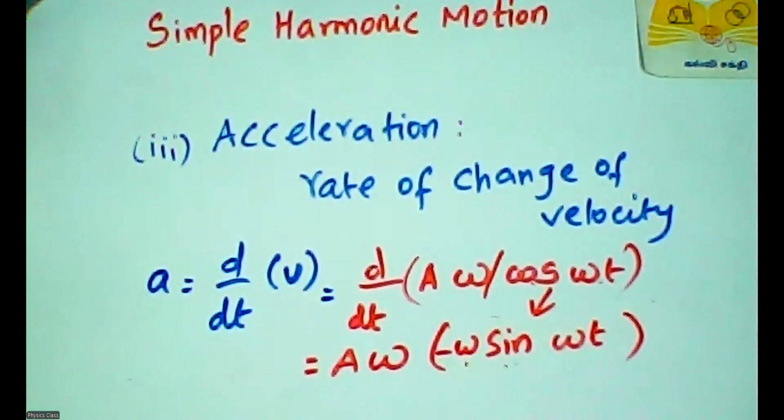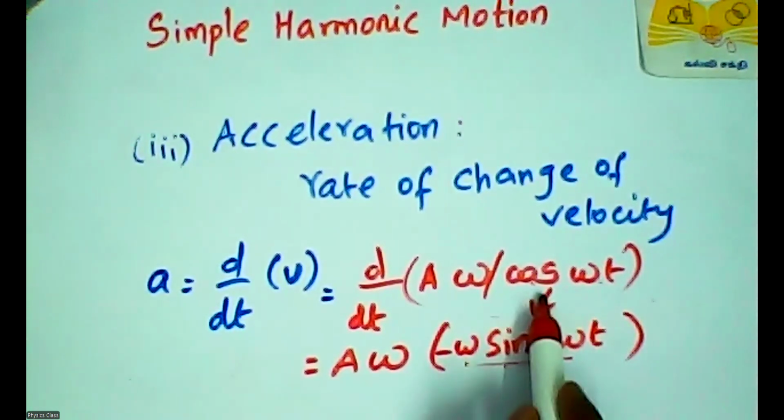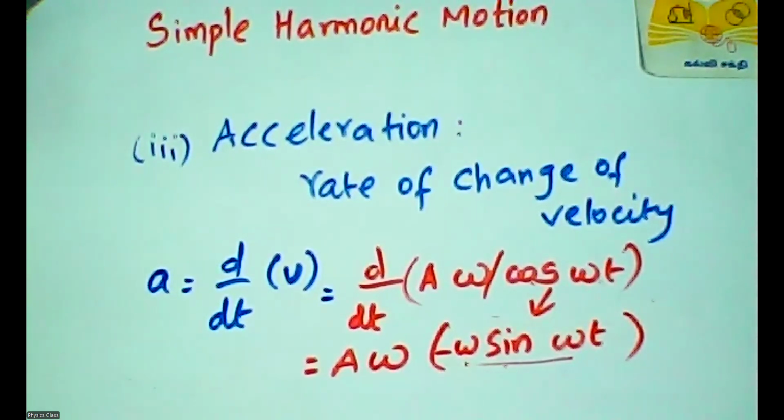Already we know that. So this is the differentiation term for this quantity cos omega t. So now we can multiply this quantity, a omega times minus omega sine omega t.